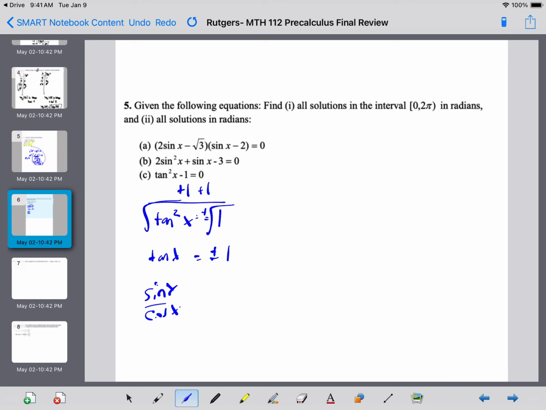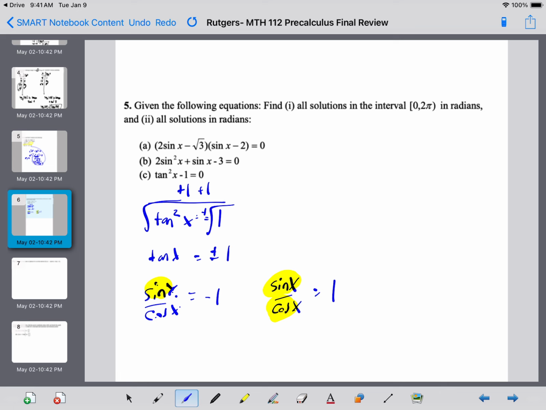So in order for tangent, and let's separate this, sine of x over cosine equals positive 1. That means that sine of x and cosine of x equal each other.